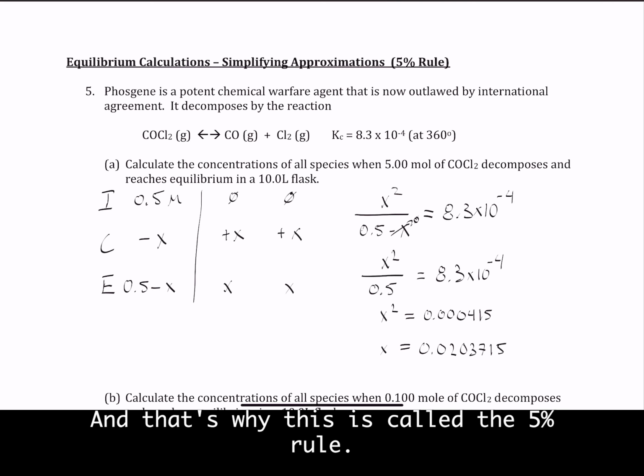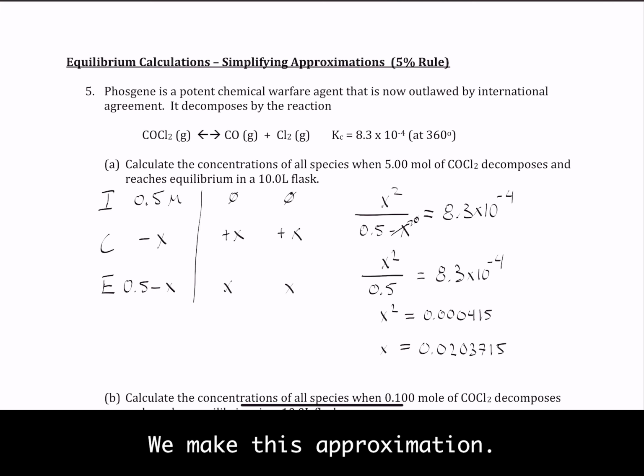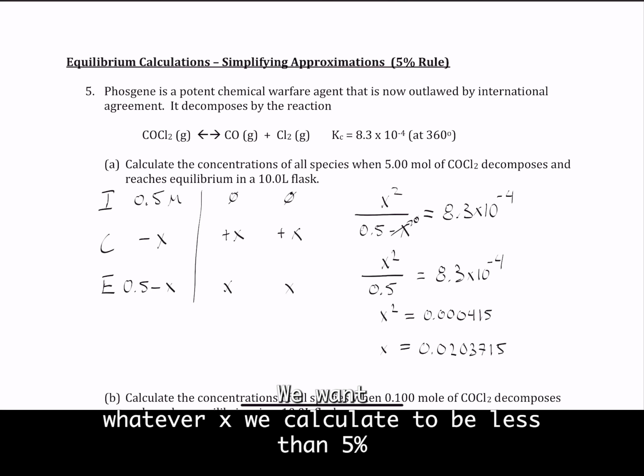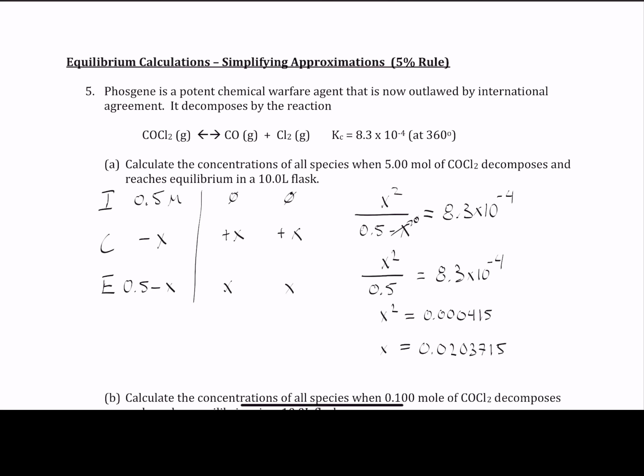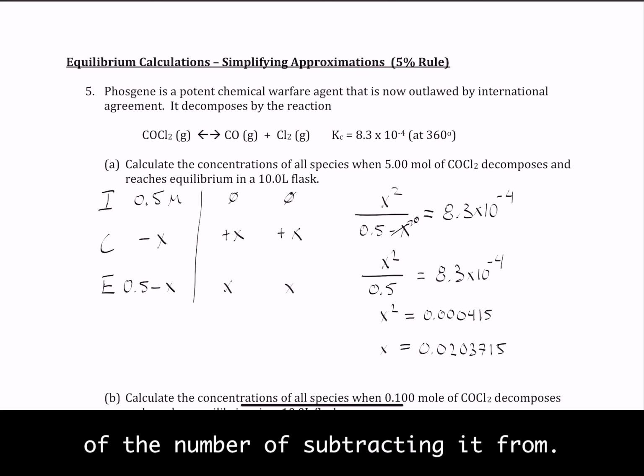And that's why this is called the 5% rule. When we make this approximation, we want whatever x we calculate to be less than 5% of the number I'm subtracting it from.